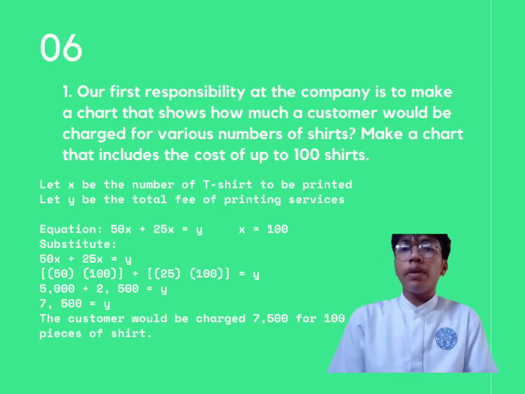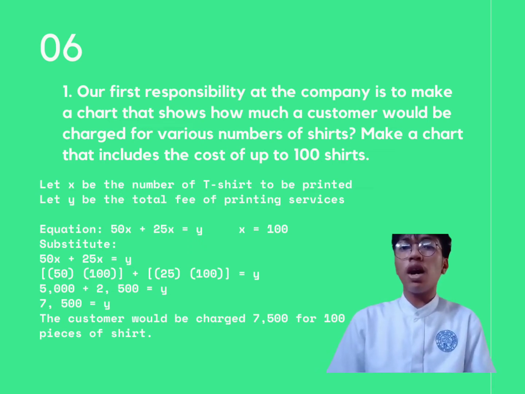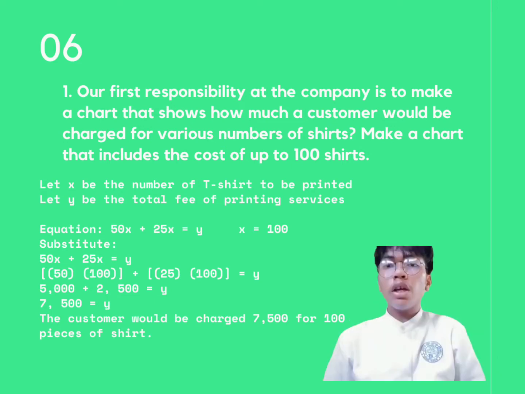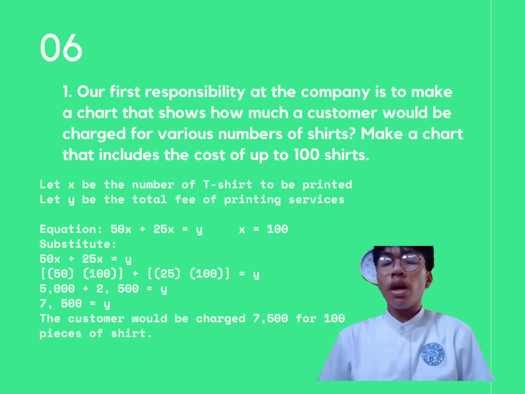Number 1. Our first responsibility at the company is to make a chart that shows how much a customer would be charged for various numbers of shirts. Make a chart that includes the cost of up to 100 shirts. Equation: 50x plus 25x equals y. x equals 100.